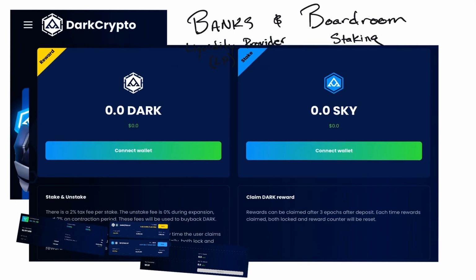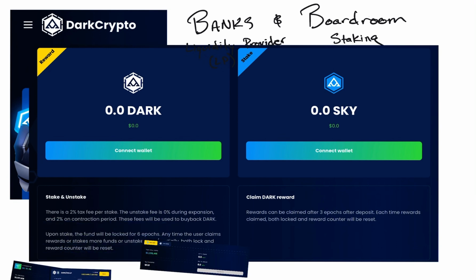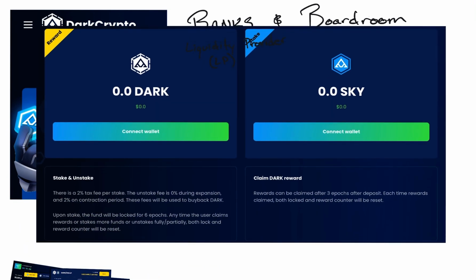Just below that photo I just showed you there is where you would see this. Of course, once your wallet is connected, this would say stake here. You would click that to approve and stake your Sky into the boardroom. And then if you notice, they've given you instructions or some details right down here just below these two buttons.